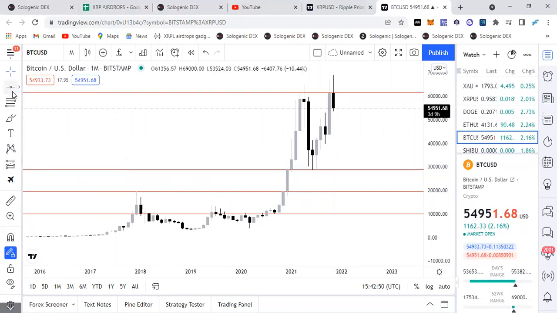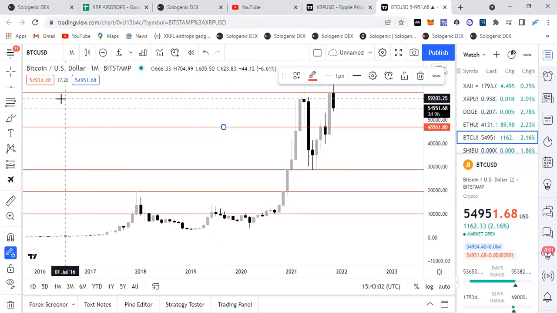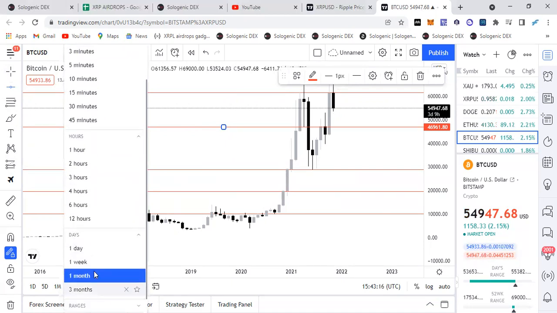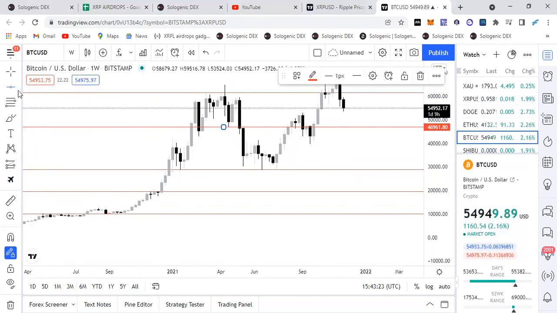So let me keep adding my support and resistance lines. Sometimes you won't get the most perfect lines, but just try to do what you see that's best for you. And I will break this down to a weekly chart to draw a different set of support and resistance lines just to have more accurate price action.